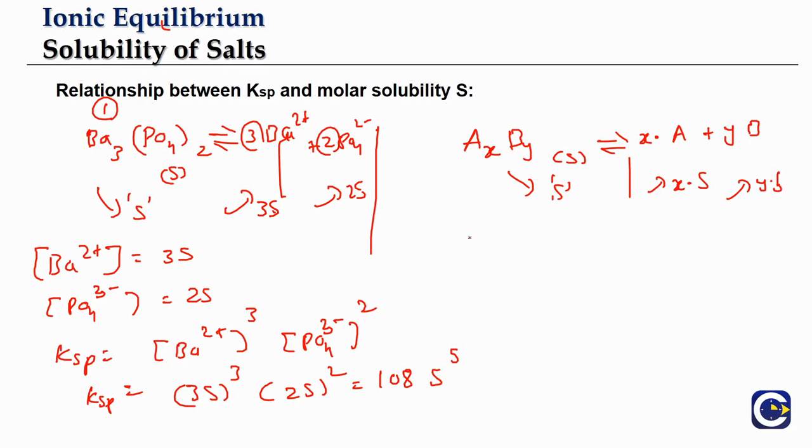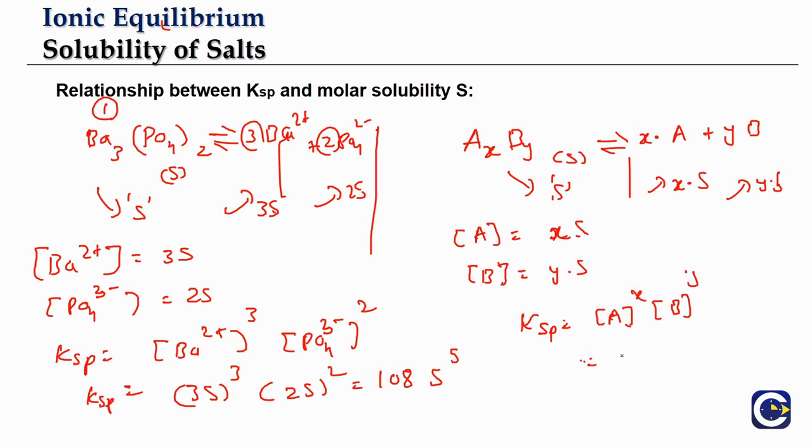So what is the saturation concentration of A? It will be x into s. What is the saturation concentration of B? It is going to be y into s. Now the Ksp will be equal to the A particles concentration power x, B particles concentration power y.